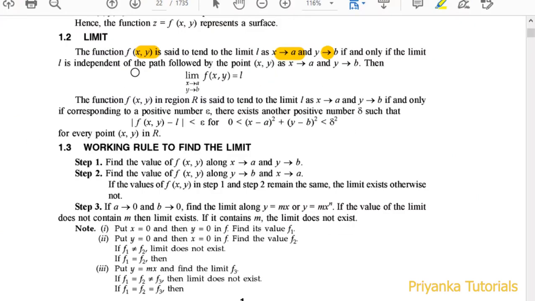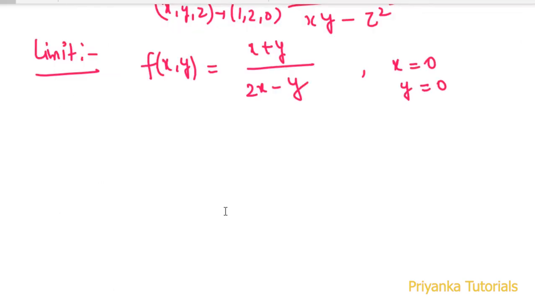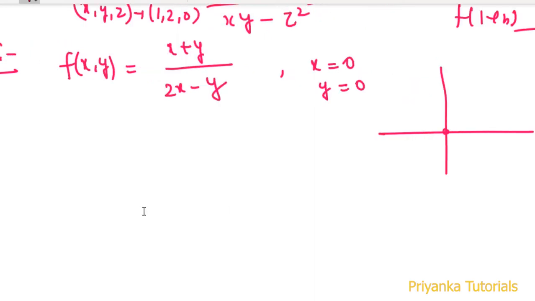As they have given the definition here, a function is said to have limit L as x tends to a and y tends to b if and only if the limit L is independent of the path. Independent of the path means for every path the value of the function is the same, as x tends to a and y tends to b. Let me give you one example, and you have to check at x equal to 0 and y equal to 0, because this is the point around which you have to calculate the limit of this function. Then first I will go for this path.